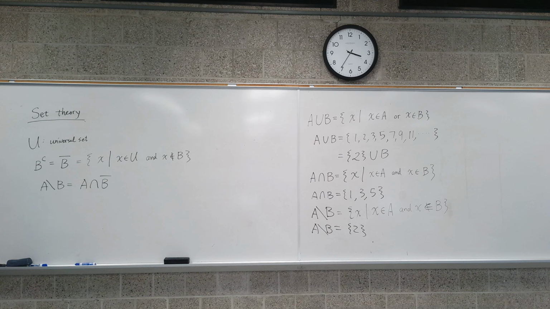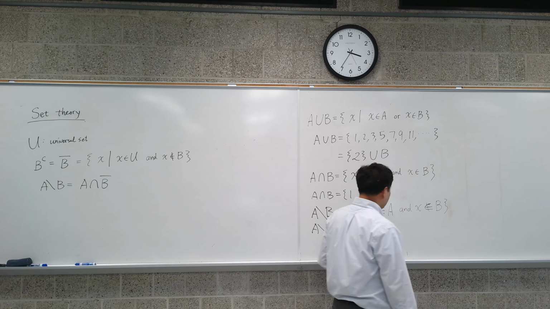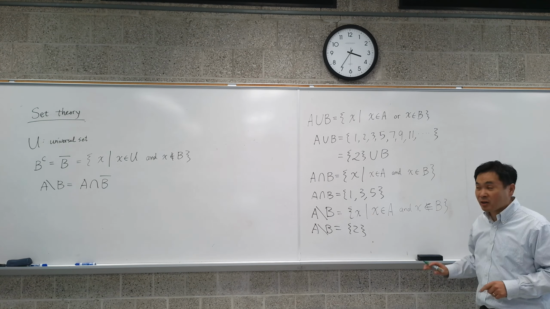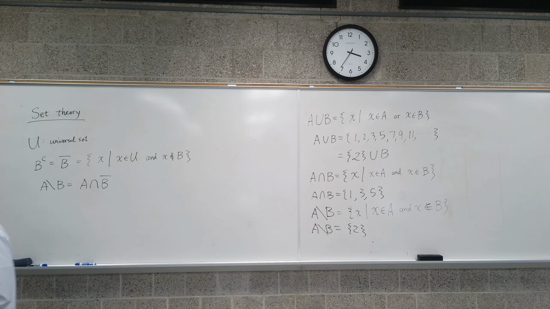Okay. So these are the same. It's not so hard to convince yourself that those two are the same by thinking of examples. But perhaps when it comes to showing the equality between two different notations of sets, a nice way to do things would be to use something called a Venn diagram.